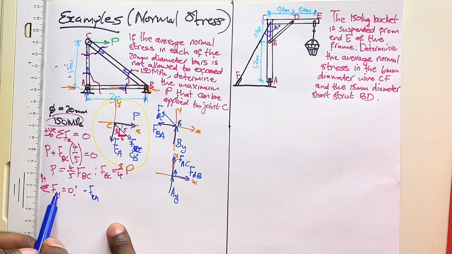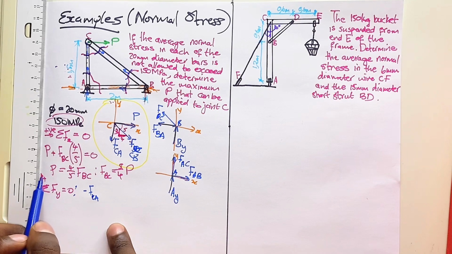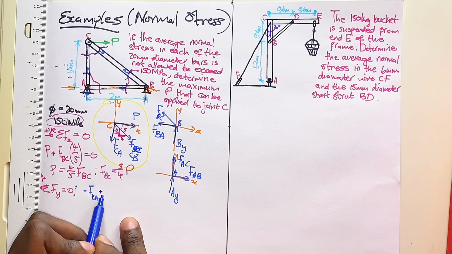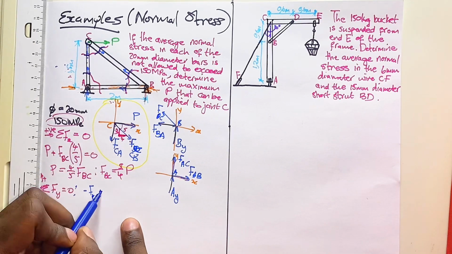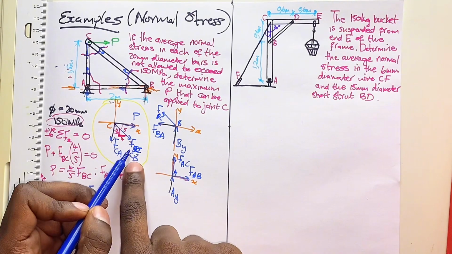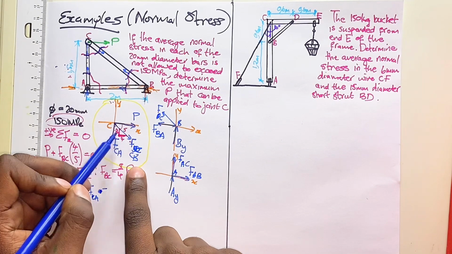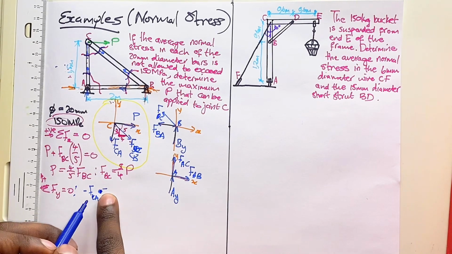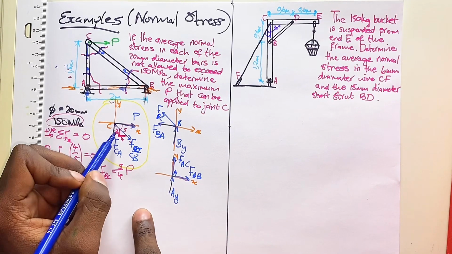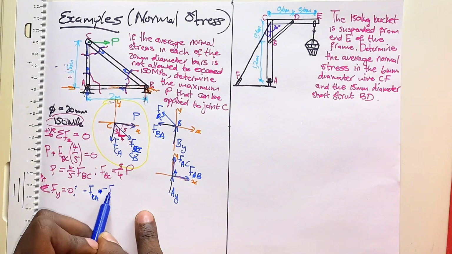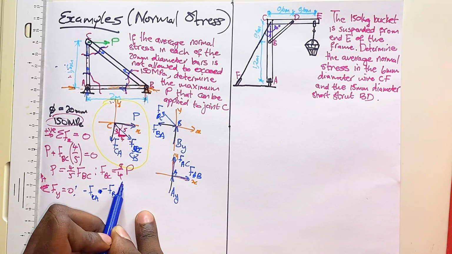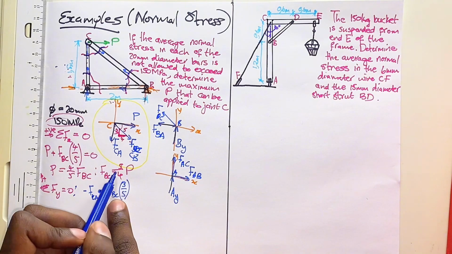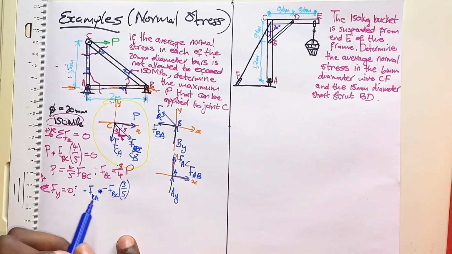However, up is positive. Now another force that will be acting in the y direction will be the component of force BC. The y component of FBC is also going this direction, so it will be negative. Now since it is the y component, we will find it by FBC times 3/5. FBC, we found out that it is 5/4.